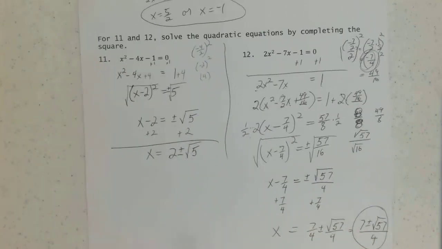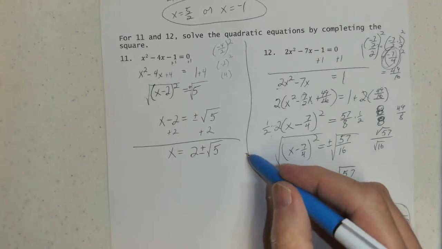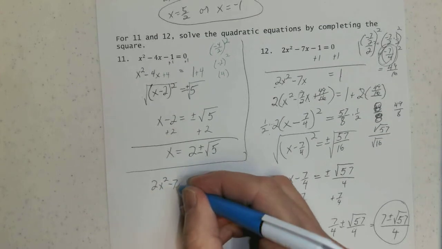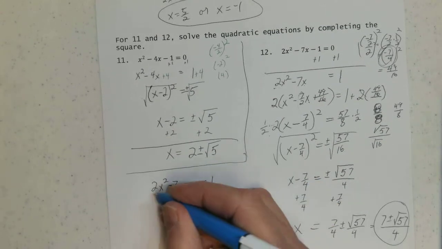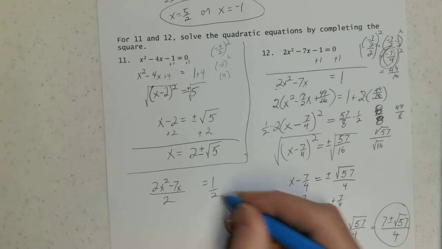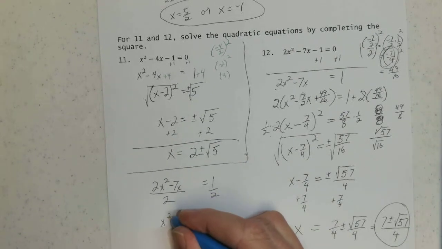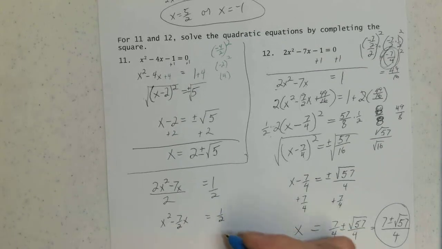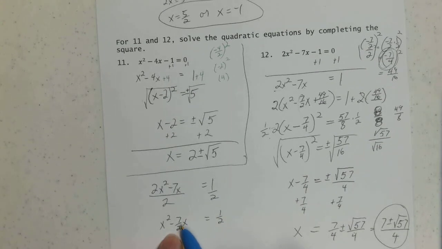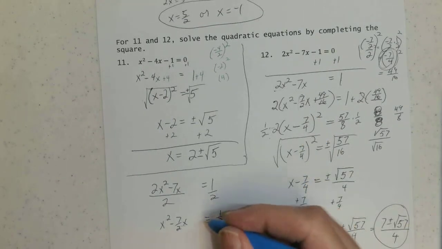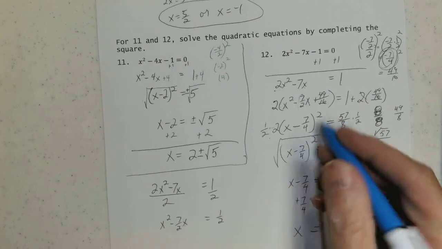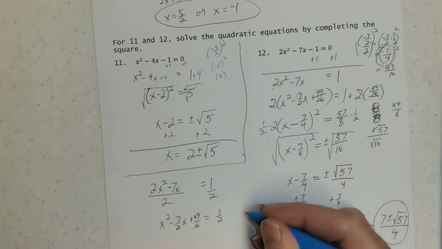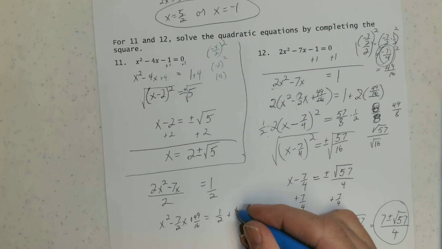I do want to kind of show you what I was talking about here at this point. 2x squared minus 7x equals 1. If you wanted to just divide through by 2 right here and have x squared minus 7 halves x equals 1 half, and then it's still negative 7 halves x, a lot of this is going to be, then add 49 sixteenths and add 49 sixteenths.